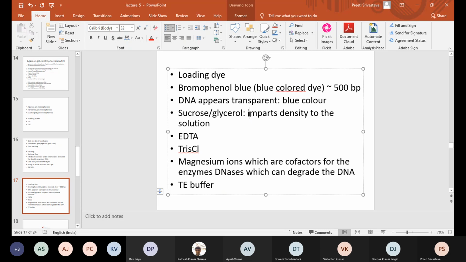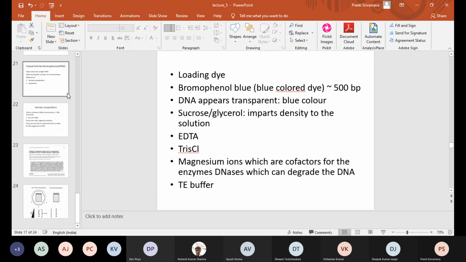If you do not have sucrose or glycerol, then the sample will pop out into the buffer and you will not be able to perform electrophoresis. EDTA I explained just now, to protect the DNA from degradation, and TrisCl is the buffer.